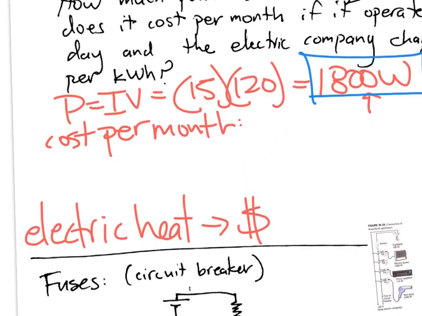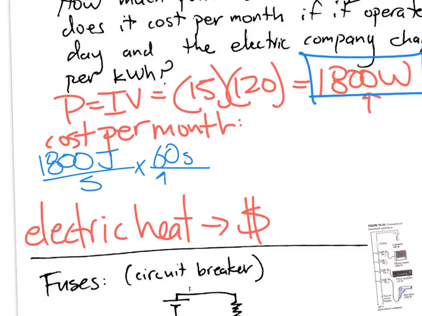So 1800 watts, and again I'm going to describe the watt in terms of a joule per second. So our heater uses 1800 joules per second. Seconds down below, we put seconds up top: 60 seconds in 1 minute, and 60 minutes in 1 hour.